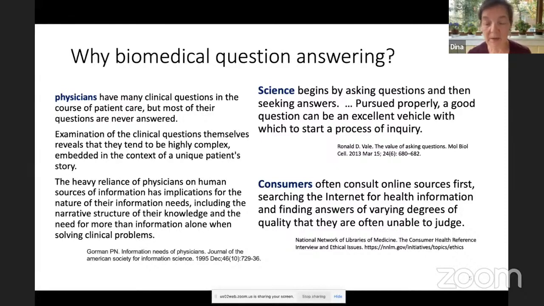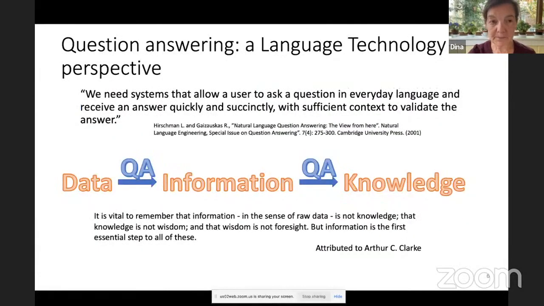But what we're seeing now is that people first turn to the online resources, and then the National Network of Medical Libraries did a study, and they found out that consumers, when they find something, don't actually know how to judge whether they found something good or not good. So it is also another task for us to lead them to reliable information.